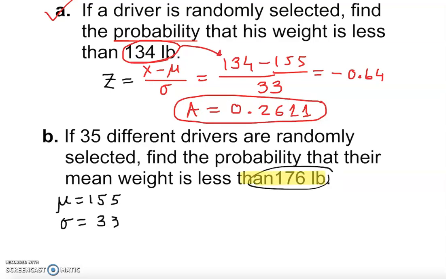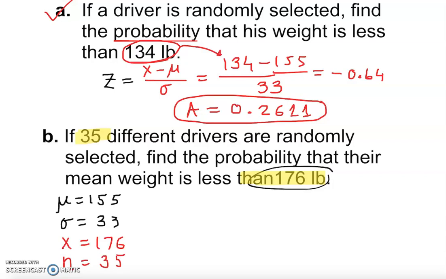So this is the x value, 176. I have one extra thing here, n. This time n is given. So n is equal to 35.